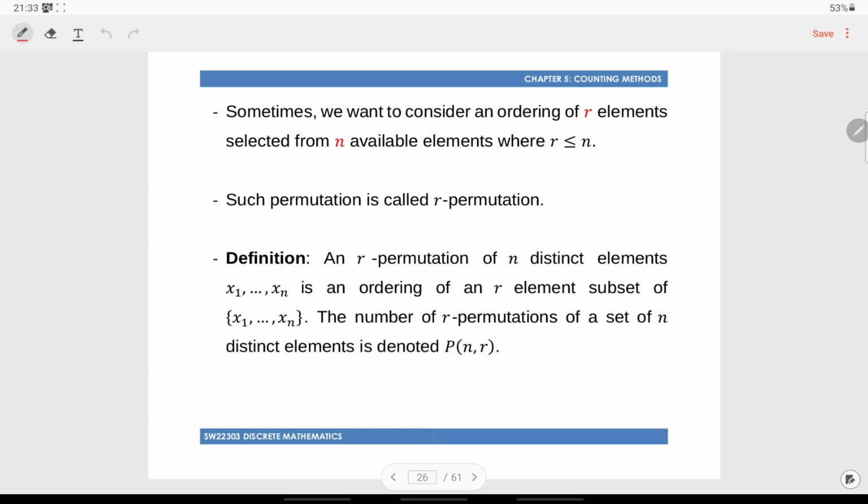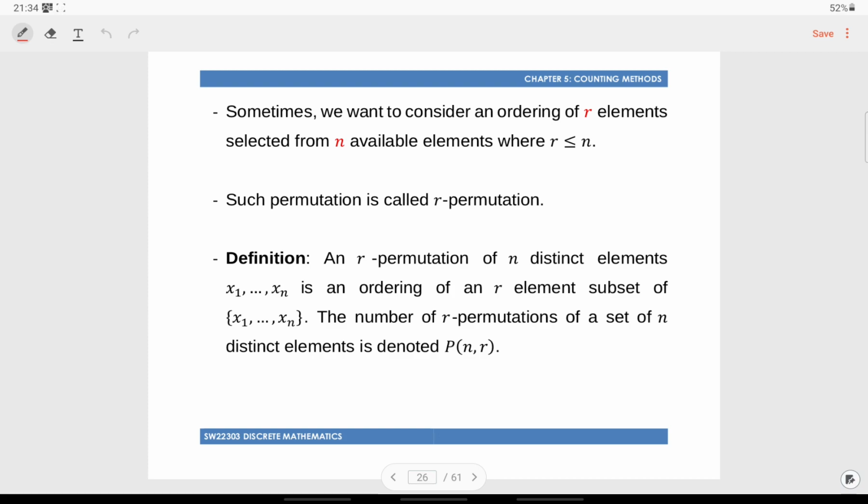Sometimes we want to consider an ordering of r elements selected out of n available elements. That means we want to consider only part of the elements out of the total number of elements. So we denote the number of elements as r, where r is less than or equal to n.